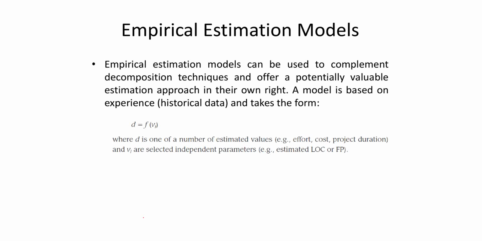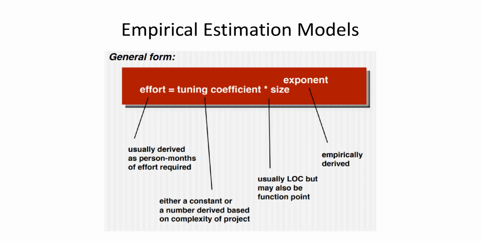Now we will see the general formula. In the general formula, if d represents an effort, then d will be calculated using a tuning coefficient which might differ with the model that we choose, right? Each model has its own tuning coefficient as well as its own exponent.